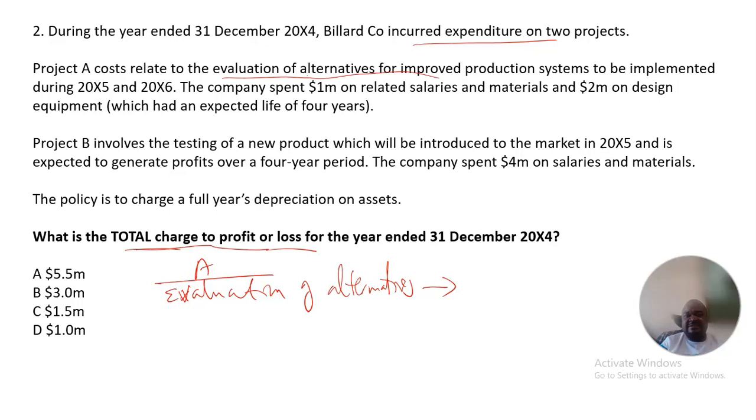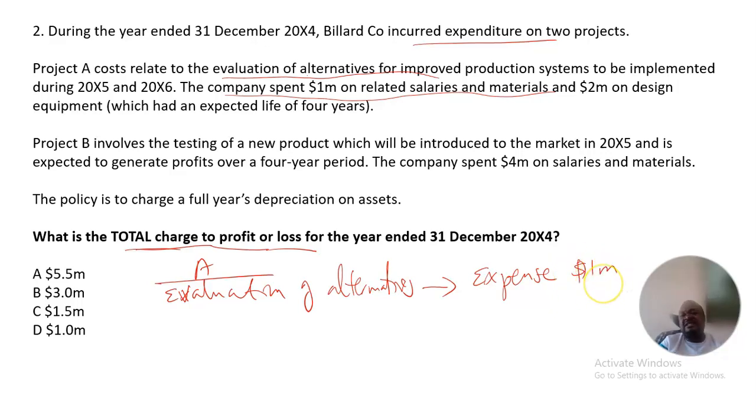So in that case, we need to expense the cost. That's research expenditure, isn't it? So being research expenditure, we then ask ourselves, how much was this? And we are told that they spent 1 million on related salaries and materials. All right. So obviously the amounts relating to those salaries and materials should be expensed, 1 million.